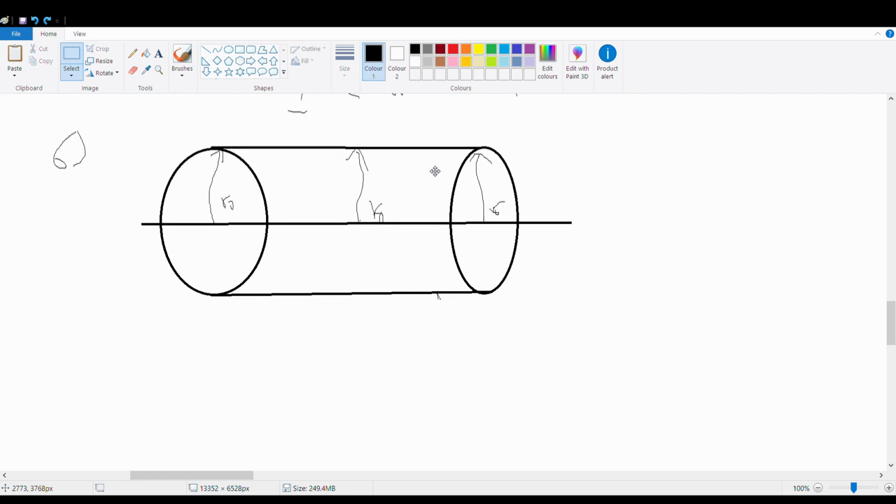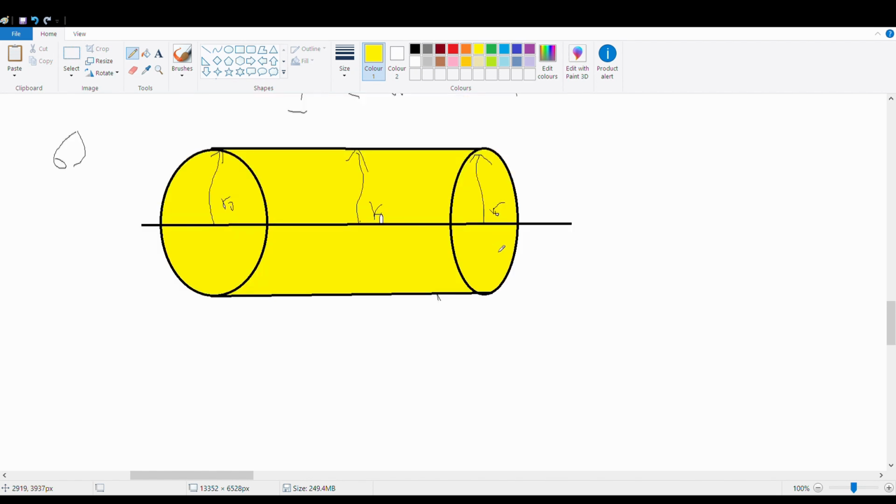I can also fill it with color to indicate that it is solid. I realize it looks a bit different, but you get the idea.